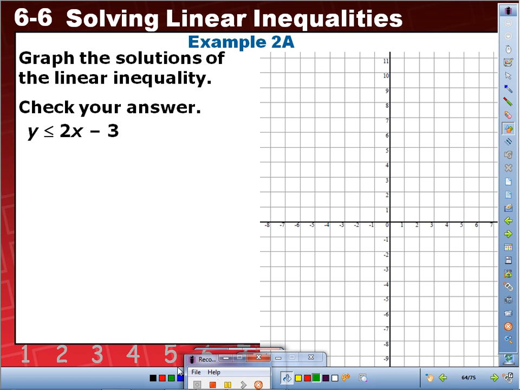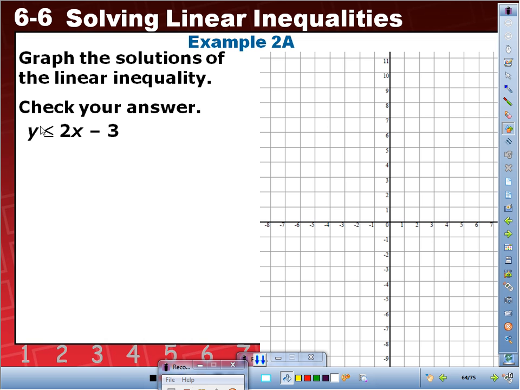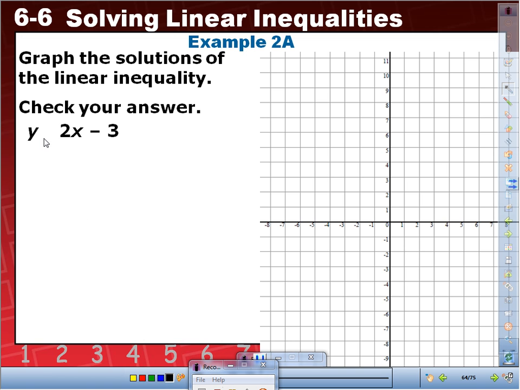Watch. If I was to cover this, and if I was to make that an equation, do you remember how to graph these? Yes, we start with our y-intercept, which is negative 3. And then we use the slope. The slope tells us to go 2 steps up, 1 to the right.